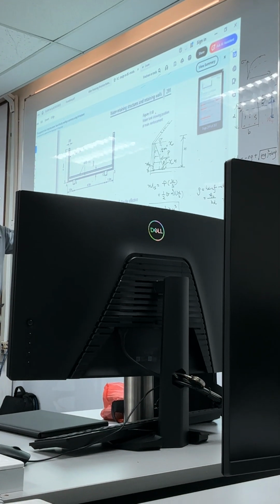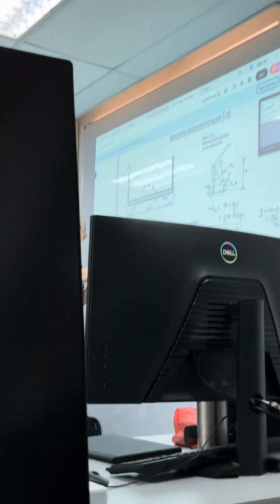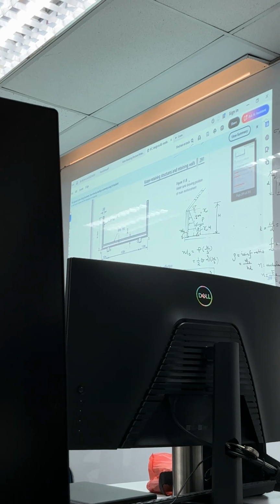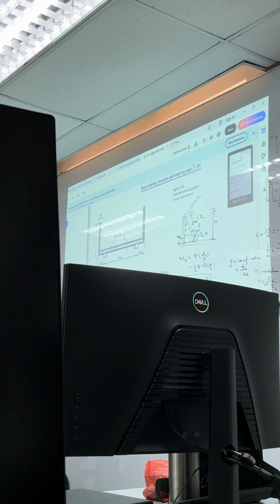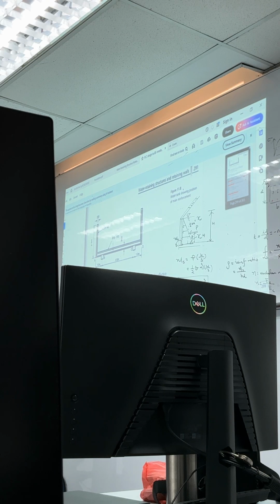Now, the way that the book calculates is a little bit different. He calculates as 1/2, 1/3, so 1/6 of this 19.2 is gamma H. So 1/6 of gamma H cubed. Then he adds another term here.